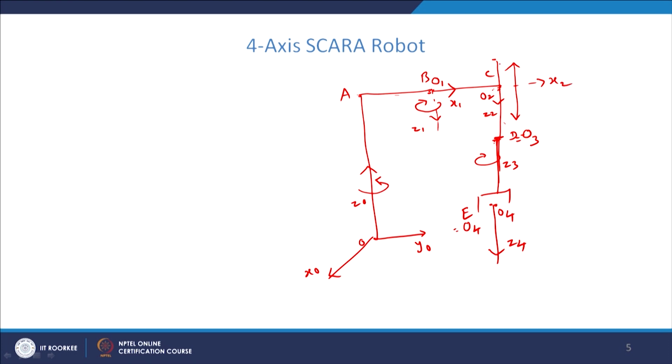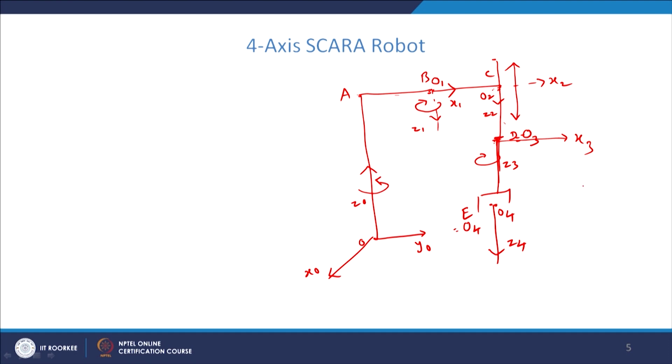And now, Z2 and Z3 are in the same direction. So, they are intersecting at all the points. So, any line perpendicular to both of them can be the x3 axis. So, we can select a convenient direction which is parallel to x2 axis. We can select the line x3 which is parallel to x2 as the x3 axis here.